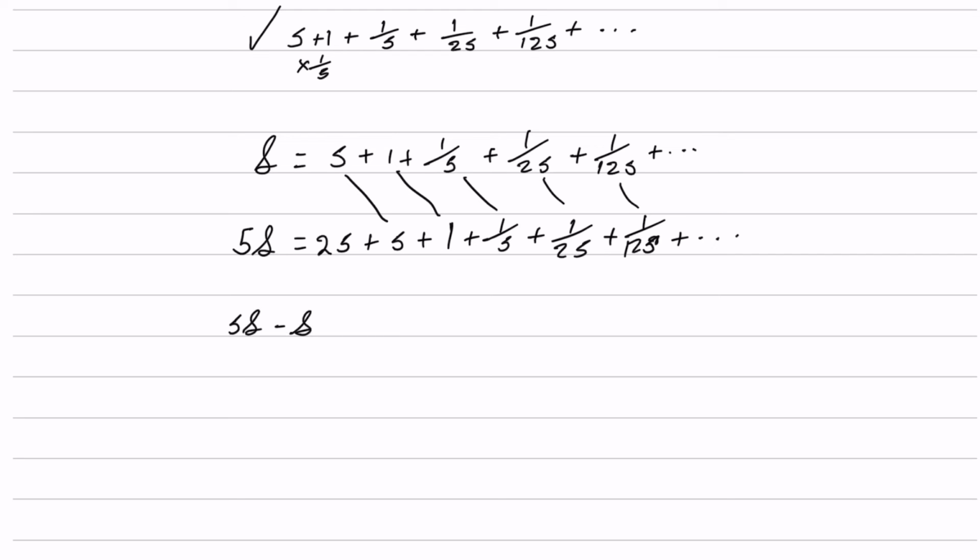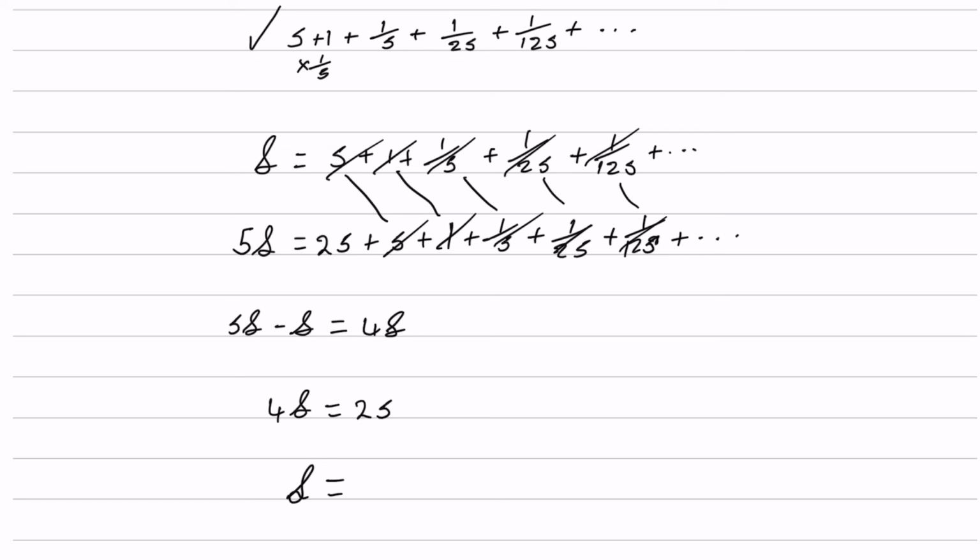So what if we subtracted the first sum, our s, from the second, our 5 times that sum, to get 4s is equal to 25? Because all the other terms will cancel out, as you can see, we have those other terms.